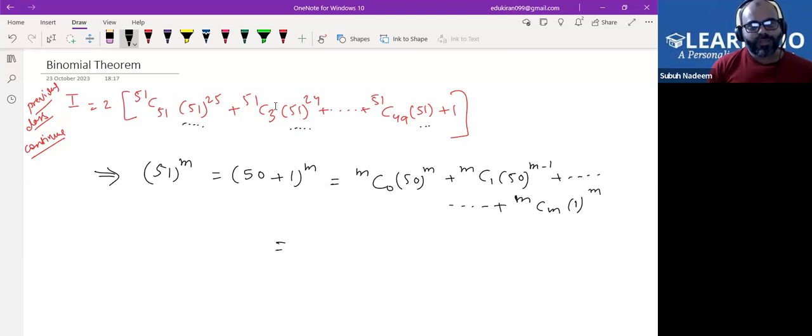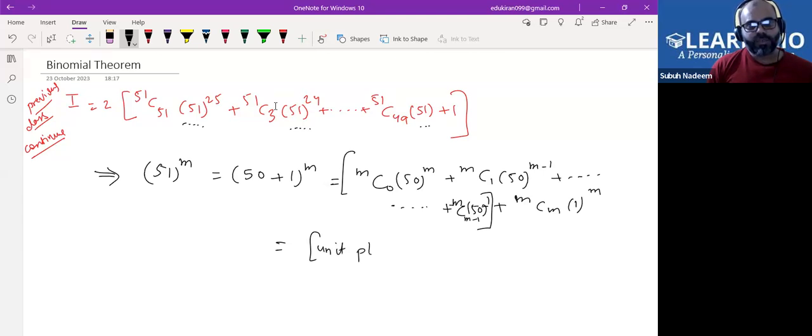So you can see that from this term to the second last term, there is a multiple of zeros, because this term will also give you 0, this will also give you 0. In fact, the second last term, which will be mC(m-1) 50^1, will also give you a 0 at the unit place.